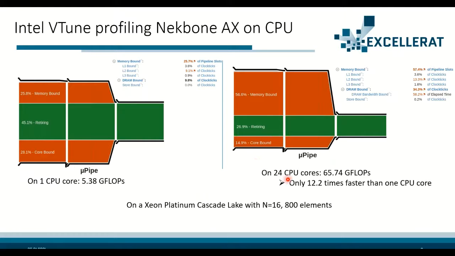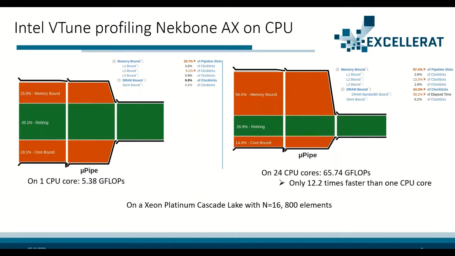We're going up to 24 cores of Cascade Lake, but it's only giving us a 12 times increase in performance, so a parallel efficiency of about 50%. You can see here now per core, the number of useful cycles is just over 25%, so about 75% are wasted cycles.